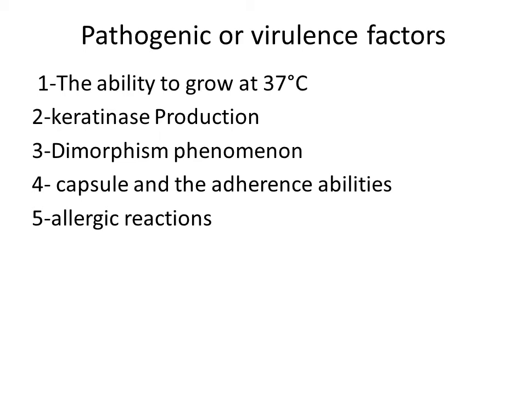Fourth virulence factor is the capsule and the adherence ability. The antiphagocytic properties of the Cryptococcus neoformans capsule and the adherence abilities of Candida albicans allow pathogenic potential for these fungi. These fungi are phagocytosed by alveolar macrophages, but are not destroyed.